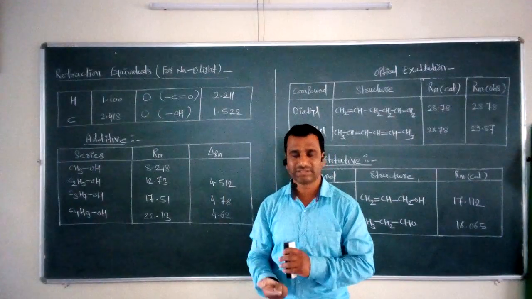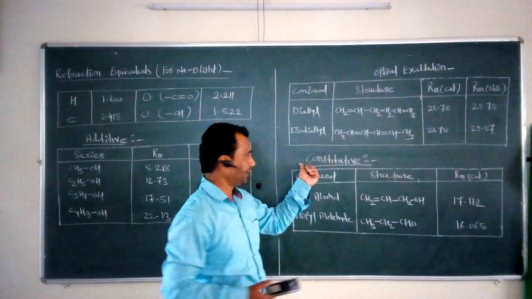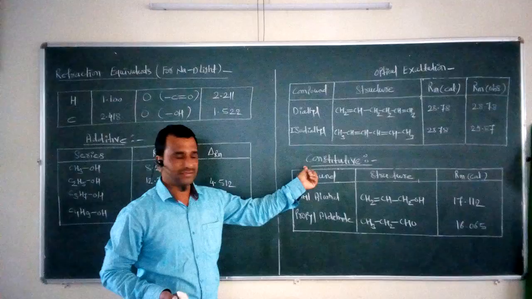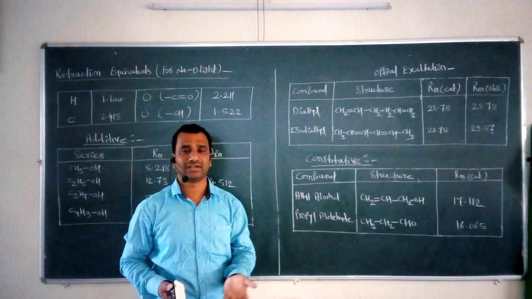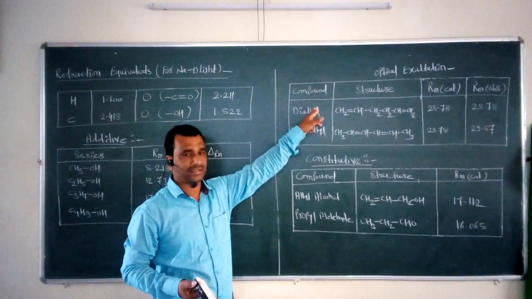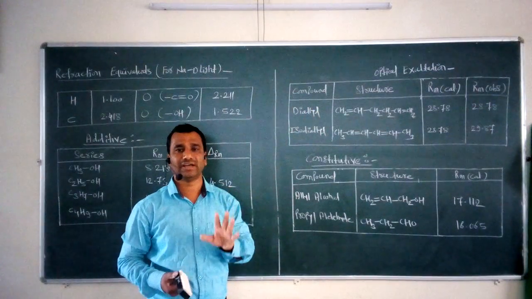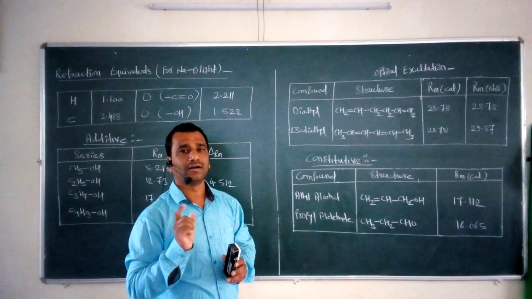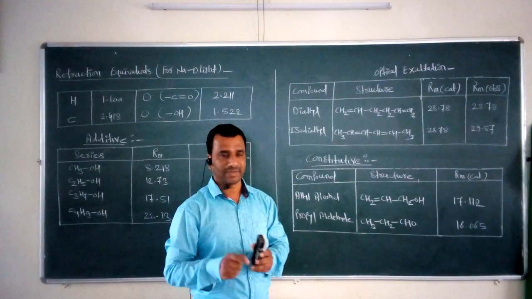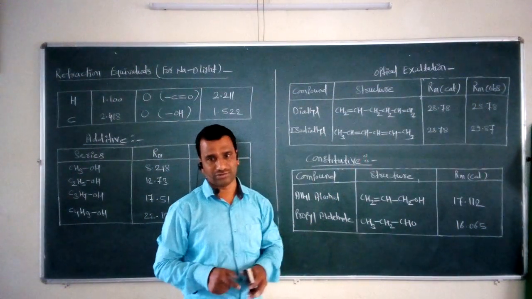In table number 4, we study what is meant by partly constitutive property, why it is called partly constitutive. And in table number 3, we consider what is meant by the optical exaltation of a liquid, the anomalous behavior obtained due to the presence of conjugation. So this is regarding molar refraction.